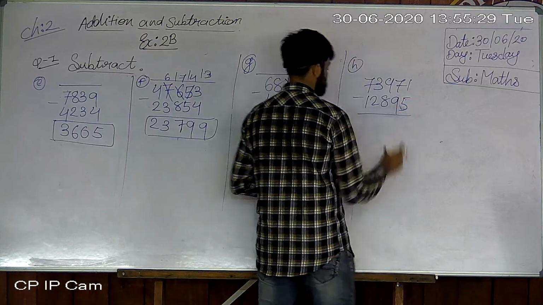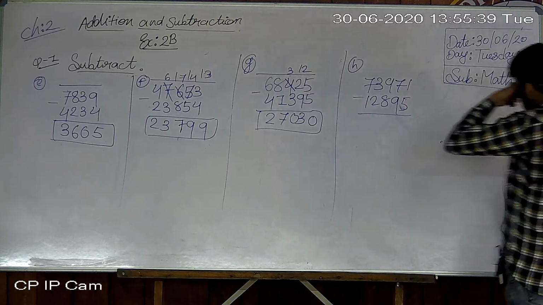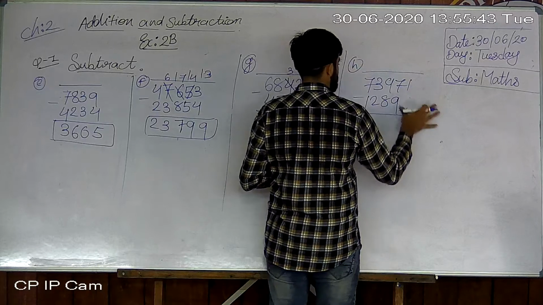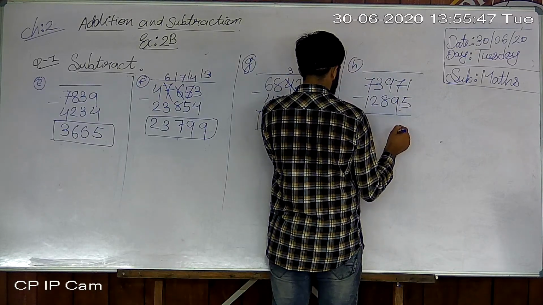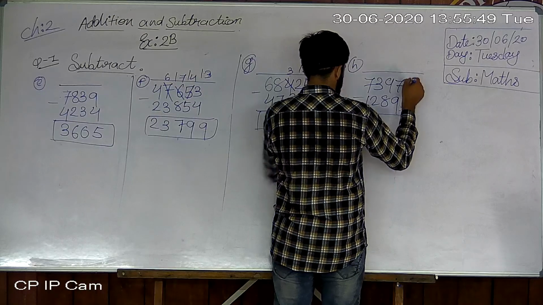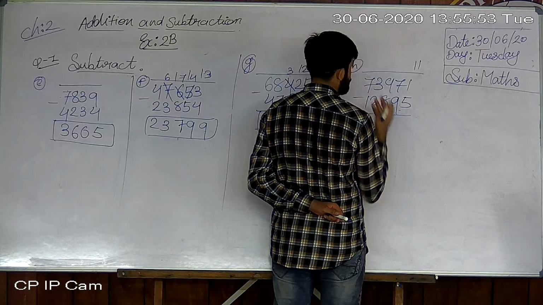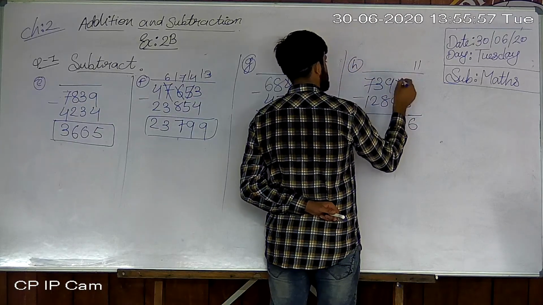So now let's start solving the sum. 1 minus 5 is possible? No. So students, what we are doing is taking the borrow. 10 plus 1, 11 minus 5. 11 minus 5. So how many? 6. Then cut the digit 7.